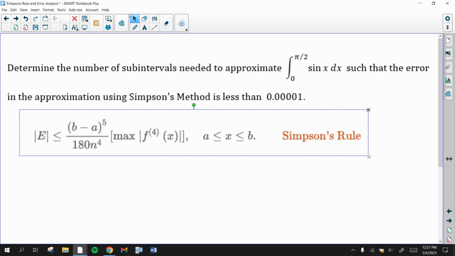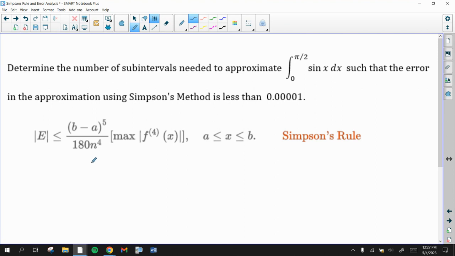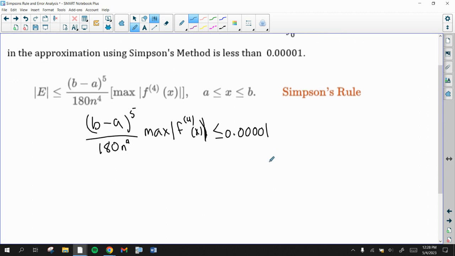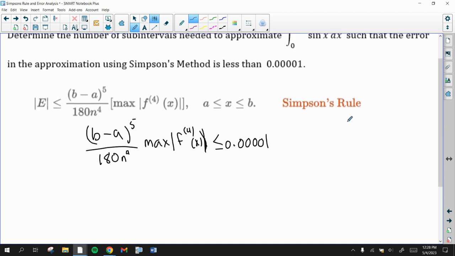So the question is really this: when is this maximum error, or for what value of n is this maximum error going to be less than or equal to 0.00001? So here we go. Pretty easy question.